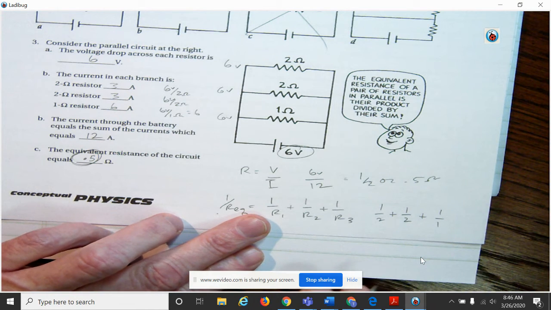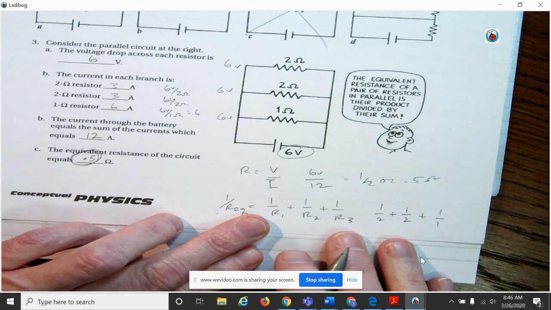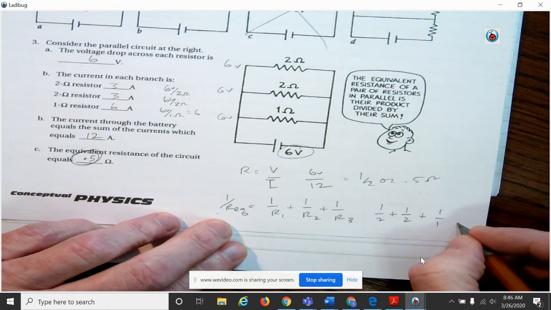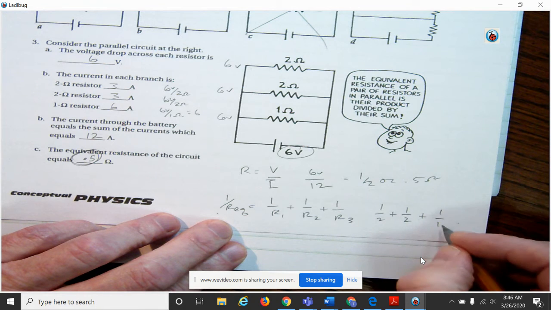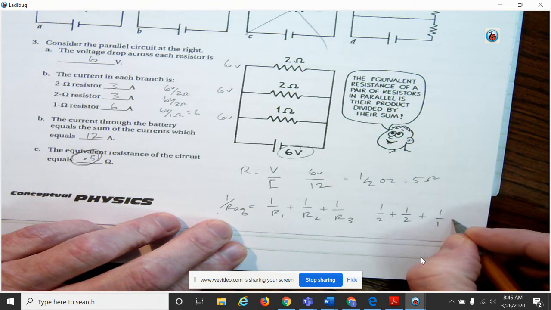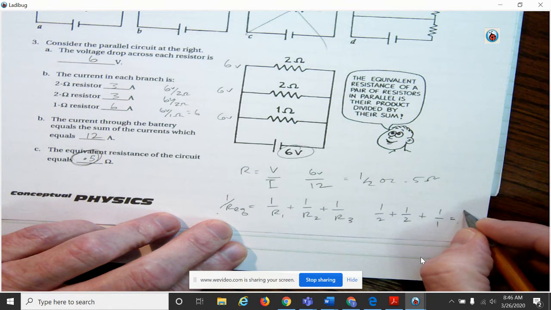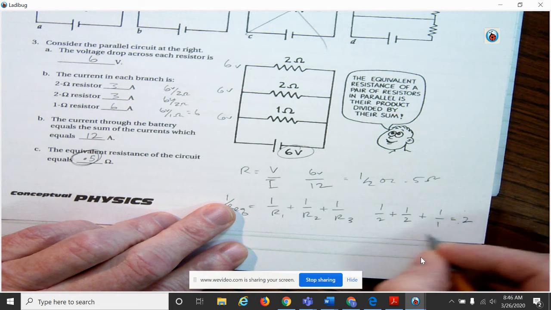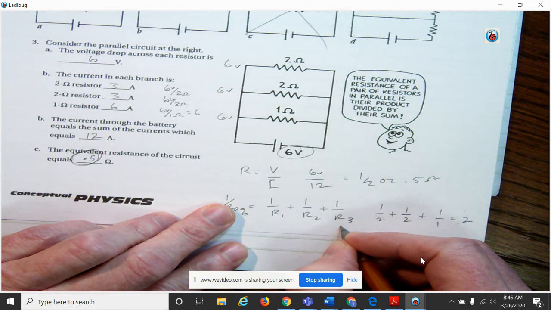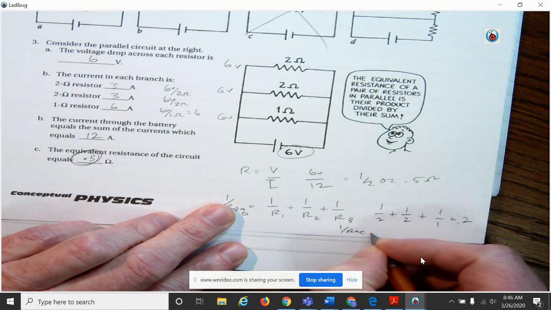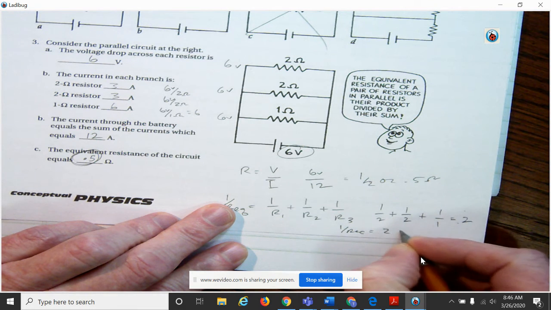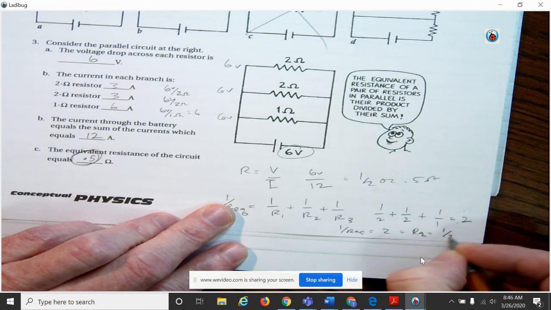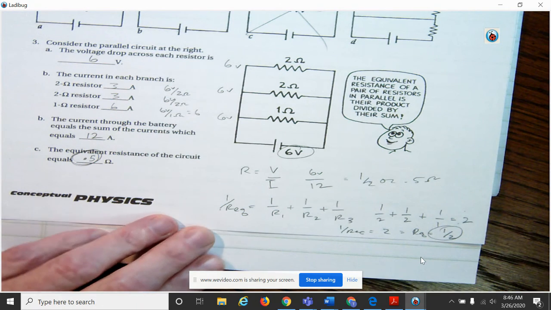So 1/2 plus 1/2 plus 1 is equal to 2. So 1 over Req is equal to 2, which means the R equivalent is equal to 1 over 2, or 1/2 again. Fairly straightforward.